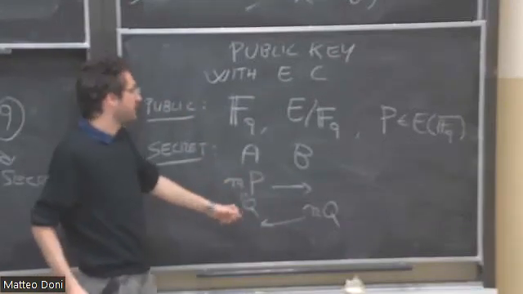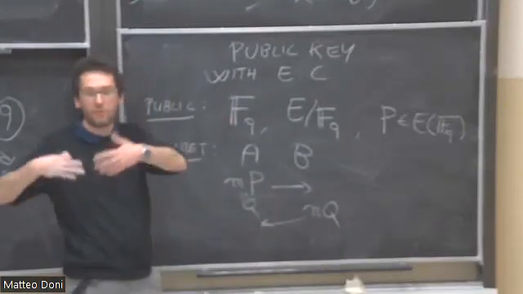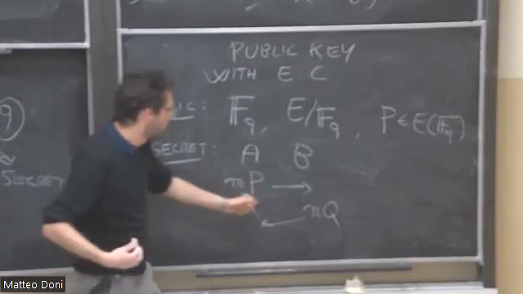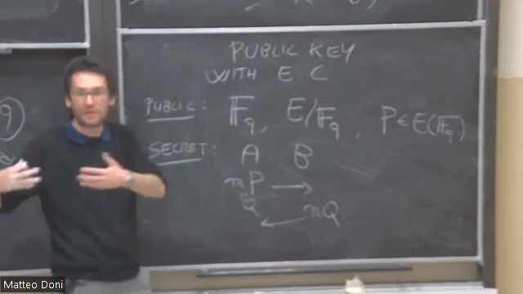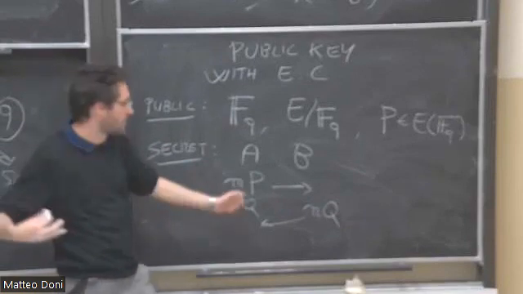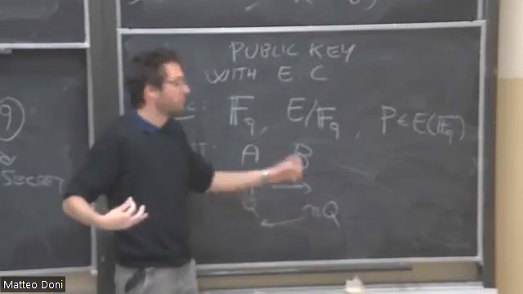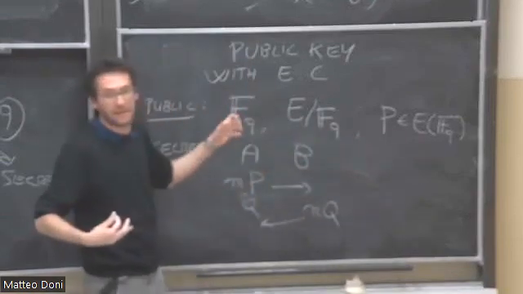And the fact is that using the properties of the group law of an elliptic curve, by doing so, they can recover the original point by just knowing the original data.